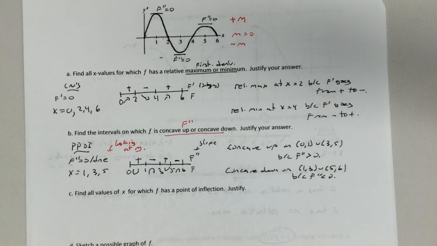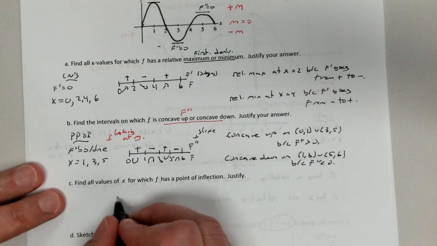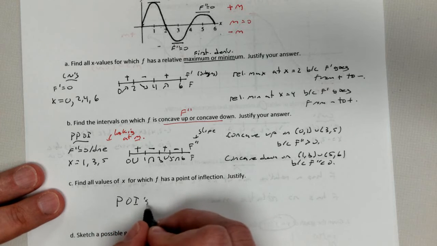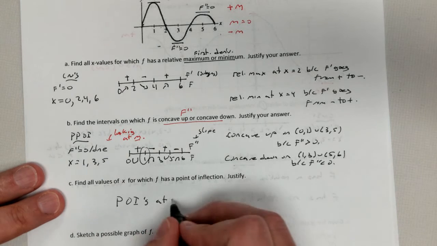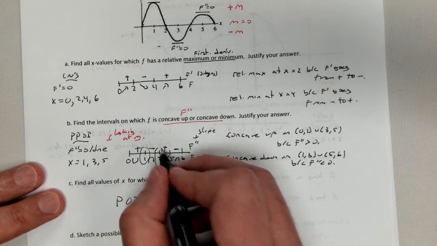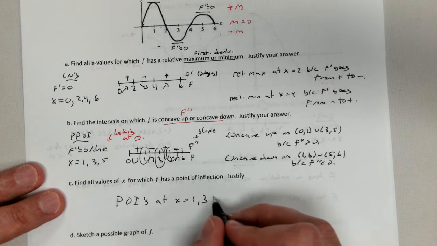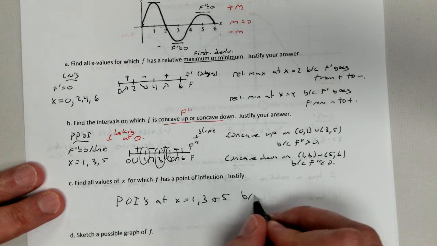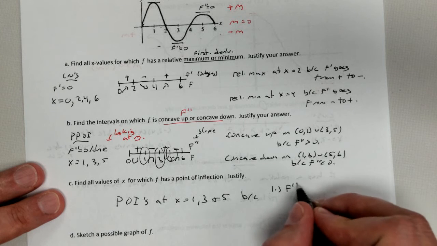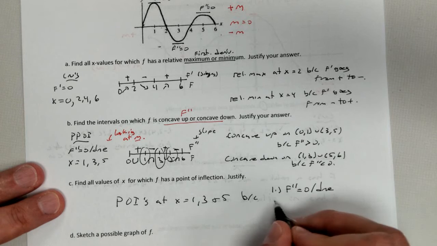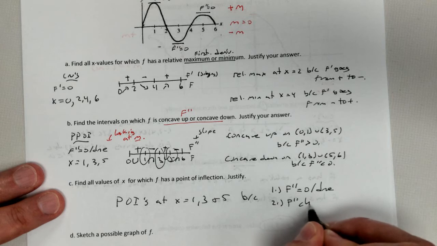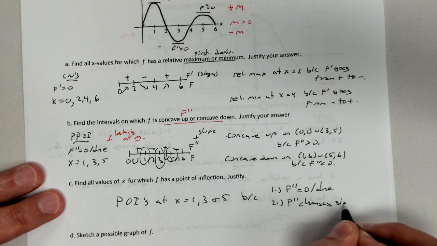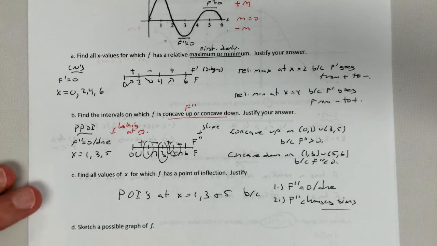Piece of cake. Next one, where do we have points of inflection? That's easy. The points of inflection are at 1, 3, and 5. And that is because of two reasons. 1, the second derivative is 0 or DNE, and 2, the second derivative changes sign. That changes our concavity there.